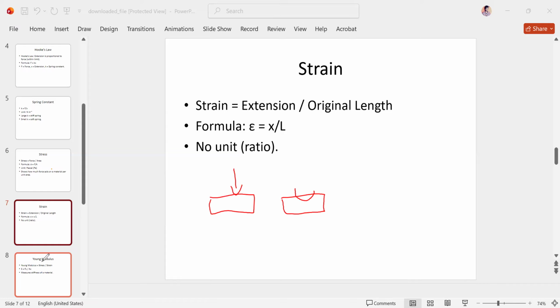Suppose initially the length is 2 meter. After applying force, it becomes 1.8 meter.